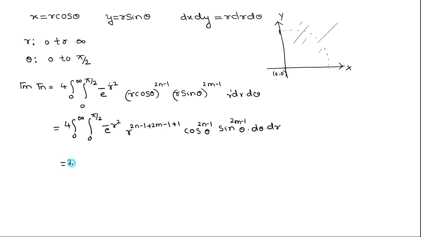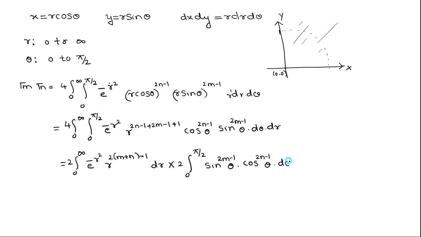So separating, taking the variables of r and its limits, we take 2 common, integral 0 to infinity e raised to minus r square, r raised to 2 times m plus n minus 1 dr, into 2 times integral 0 to pi by 2 sin raised to 2m minus 1 theta and cos raised to 2n minus 1 theta d theta.